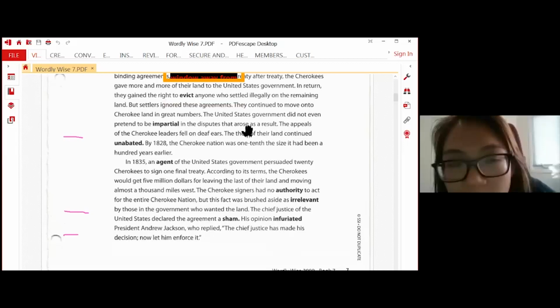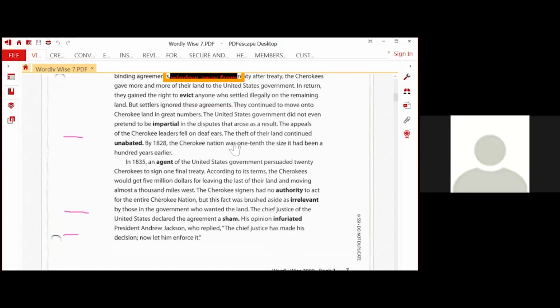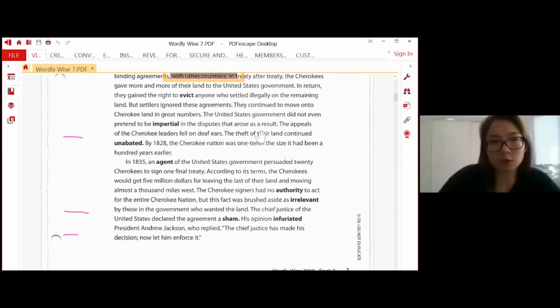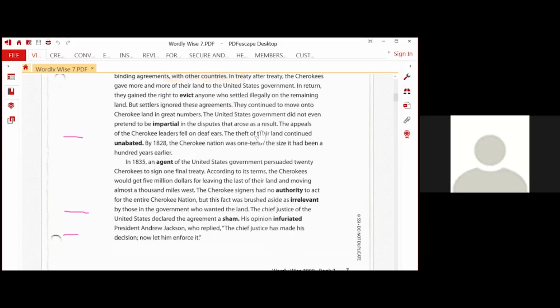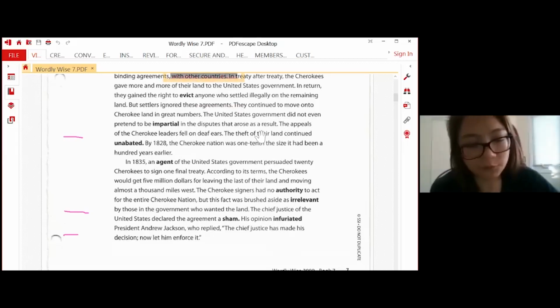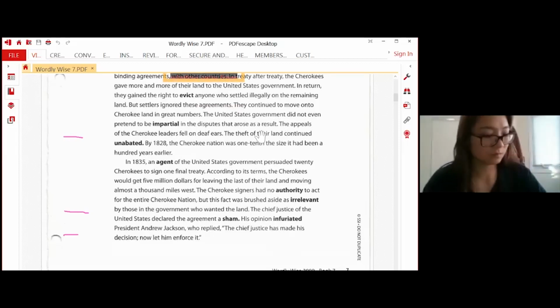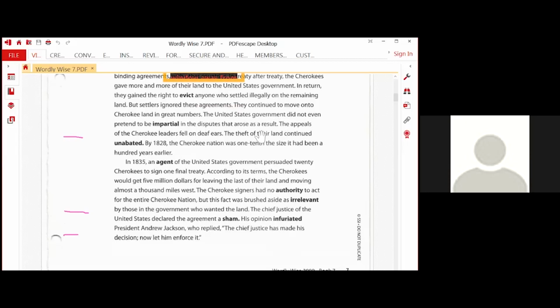Yeah, but give me a word. It's on your screen. They should not have taken a side. They should have been fair. So what's the word for fair? Impartial. Yes, impartial. They should have been impartial.